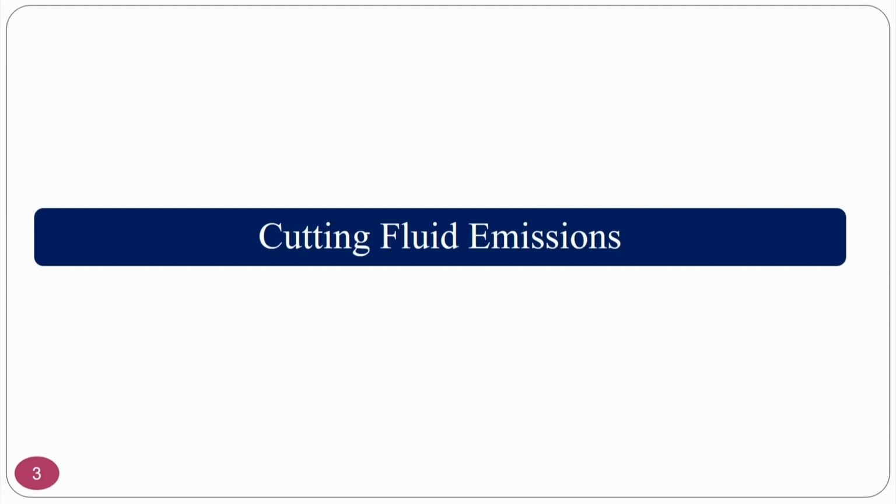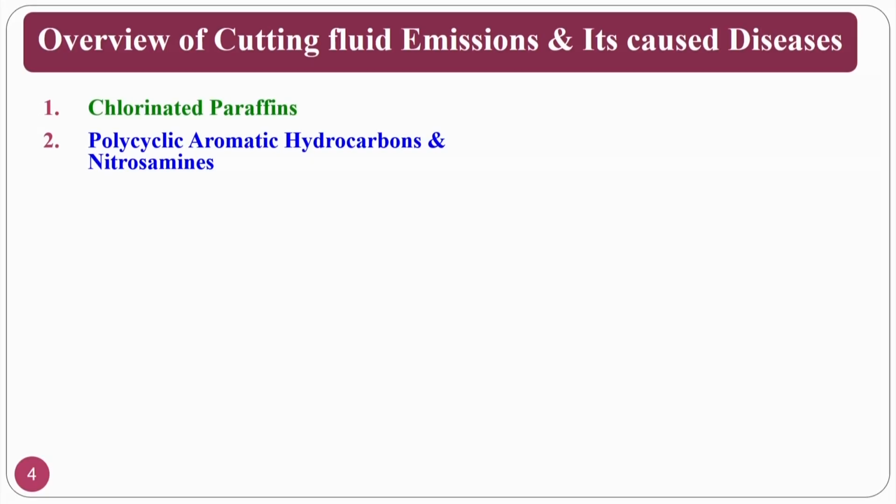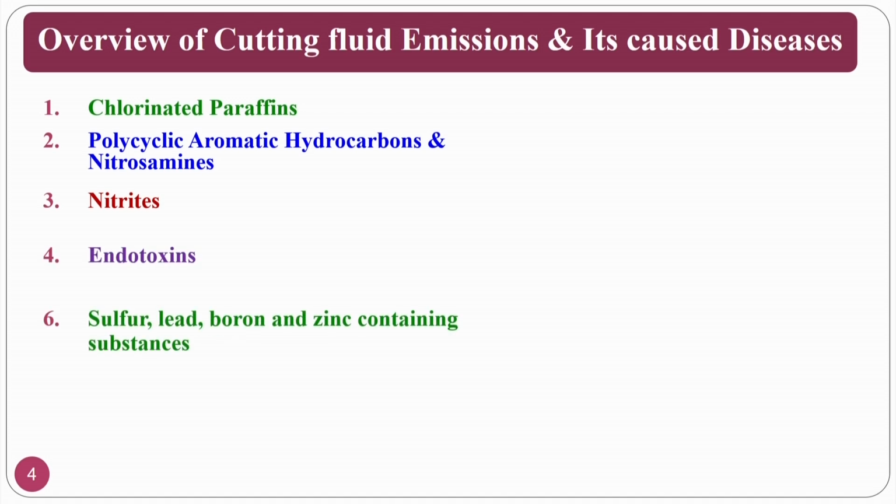The overview of cutting fluid emissions: as I said, the first and foremost one is chlorinated paraffins. This is one of the highest emissions taking place in the machining or grinding arena. The second one is polyaromatic hydrocarbons, then nitrosamines, nitrites, endotoxins, sulfur, lead, boron, zinc containing substances, and cobalt exposures.